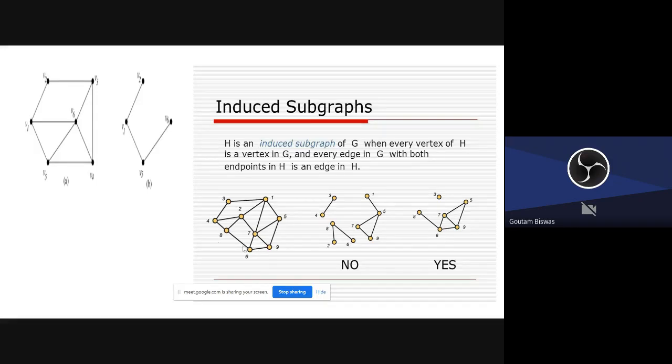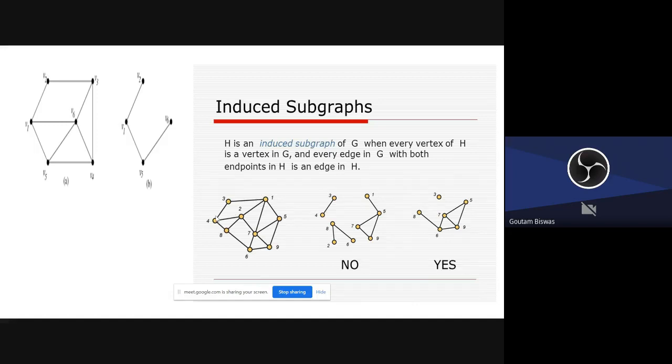Now see here, this is the graph. Now this is a subgraph. Here you see some of the vertex, number 1 and number 2, has been deleted here. So corresponding edges also deleted, is not it? 1, 2 and 1, 4 has been deleted. So this vertex has been deleted.